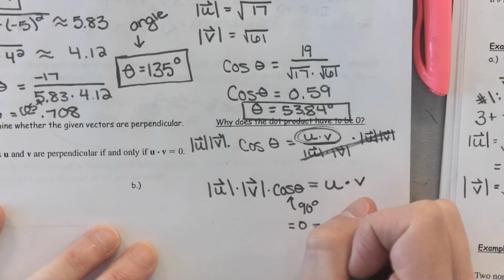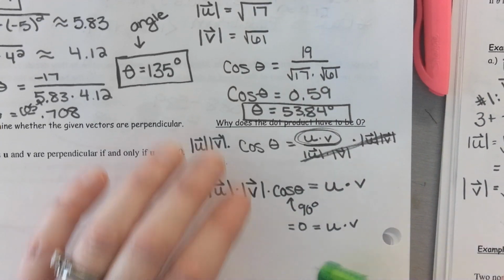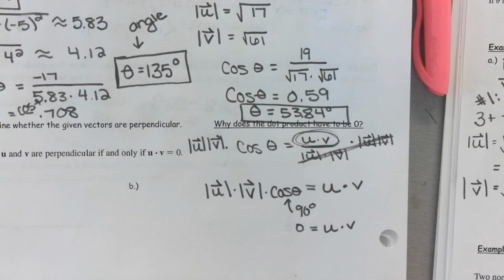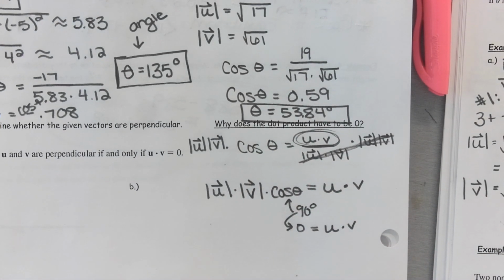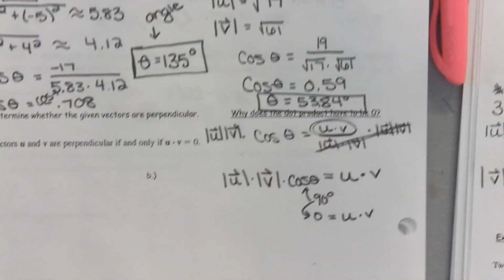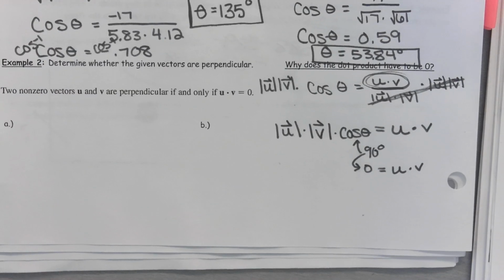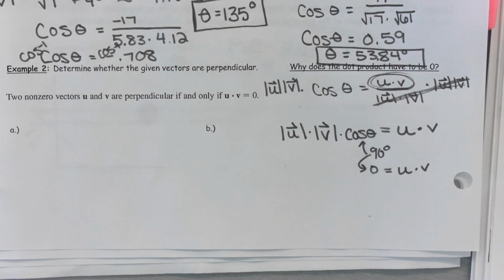So that's why the dot product has to be, I don't want an equals there actually. I'm going to do an arrow again, I think. You can write it however you want. So I'm saying you're putting in 90 for the cosine. Well, what is the cosine of 90? It's 0. And 0 times all this stuff is still 0, which is why the dot product has to be 0. So if the angle between two vectors is 90 degrees, the dot product is going to be 0.